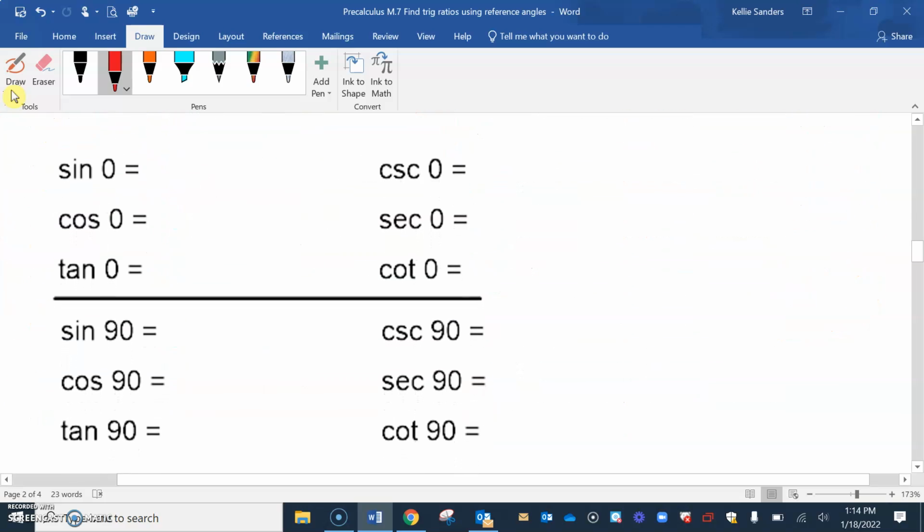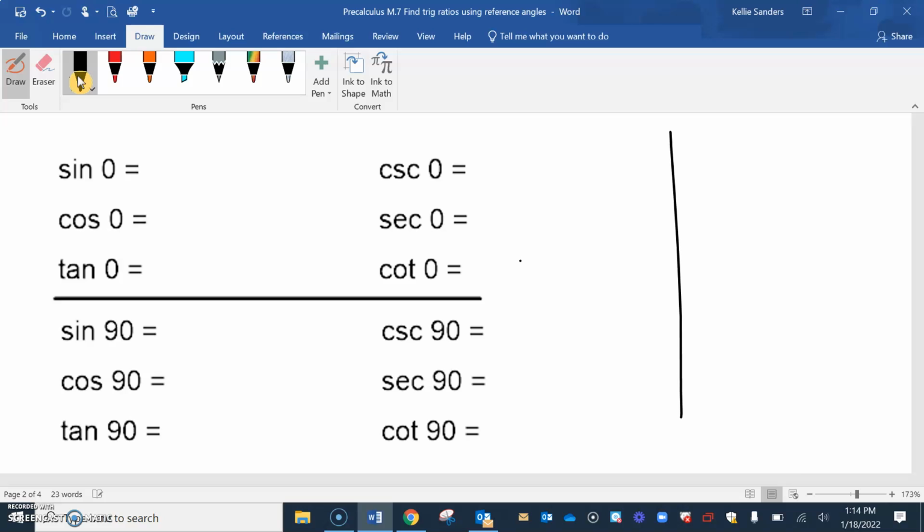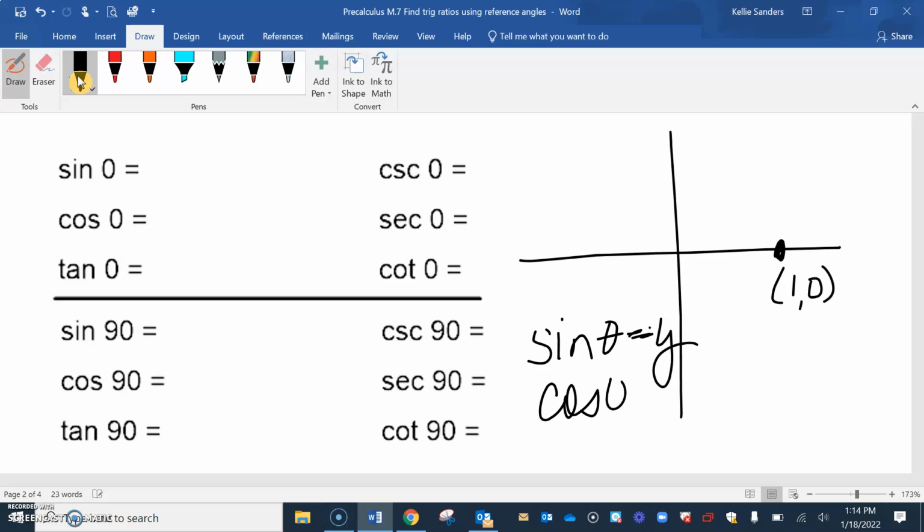Okay, now on these, I'm actually not going to do most of these for you. Let's just talk about 0 degrees. If you're at 0 degrees, then you are on the x-axis. And let's just say that this is a unit circle. So this point is going to be 1, 0. And if you're on a unit circle, then remember your sine theta is your y and your cosine theta is your x. And tangent theta is y over x.